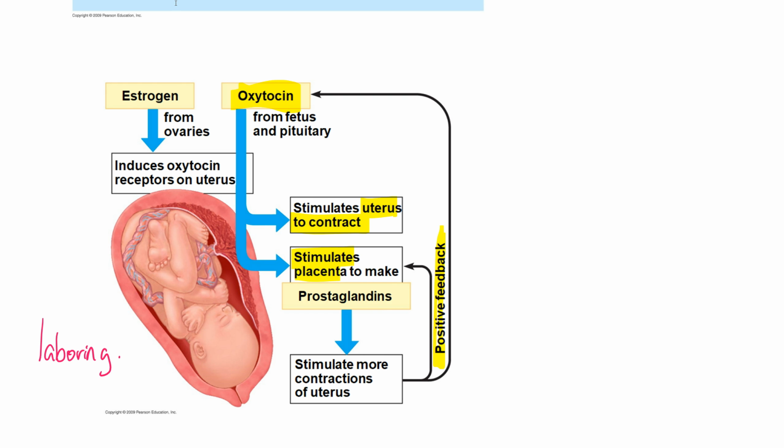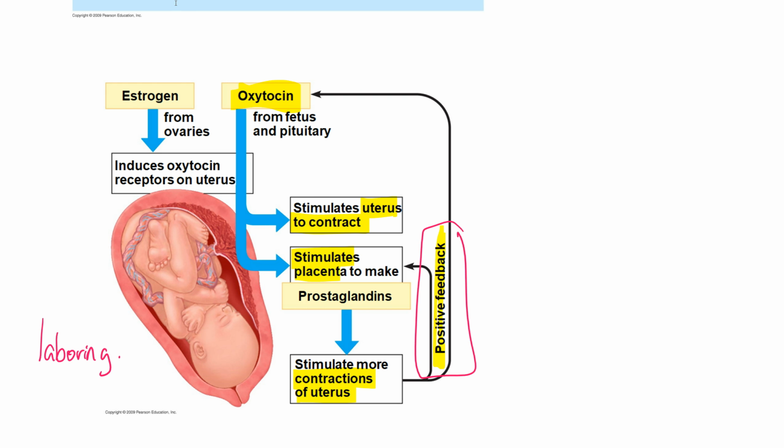It's not very important, but it's going to stimulate more contraction of the uterus. So the uterus is going to start contracting in order to push the baby out through the cervix and vagina. And this process is going to cause more oxytocin to be released. So this is a positive feedback, right?